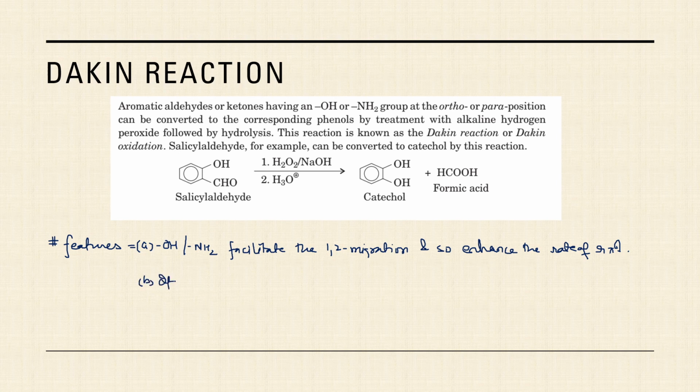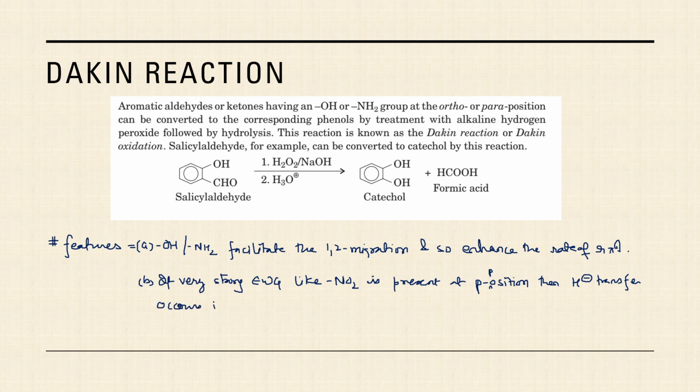Next, if very strong electron withdrawing group like NO2 is present at para position, then hydride transfer occurs instead of aryl transfer to give carboxylic acid.